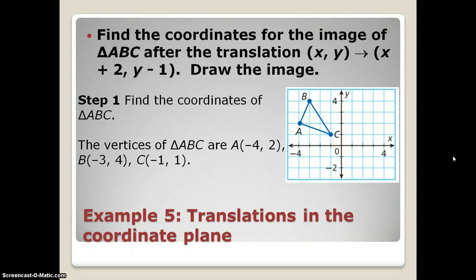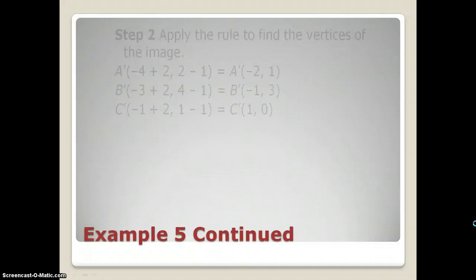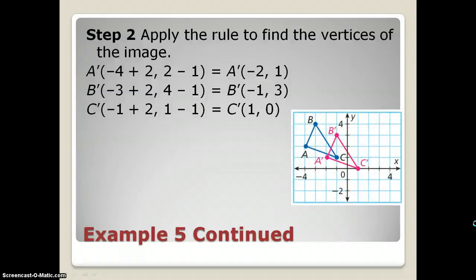Then we need to apply the rule x plus 2 and y minus 1 to each vertex. We find A prime at (-2, 1), B prime at (-1, 3), and C prime at (1, 0).